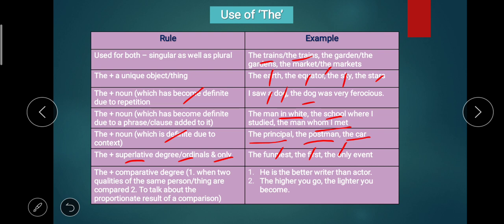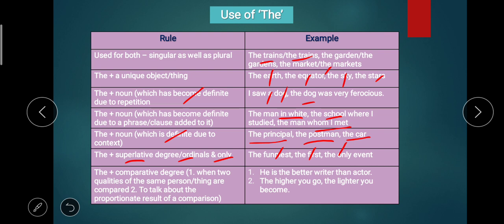Next rule is "the" plus comparative. Only two conditions and two situations are there where we use "the" before the comparative degree. Otherwise, positive and comparative degrees are used with zero article. We don't use any article. But this is the first case when we are using "the" before it.